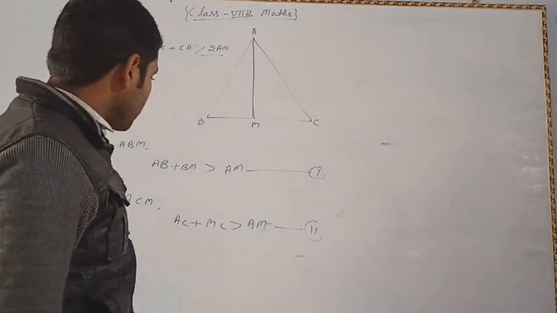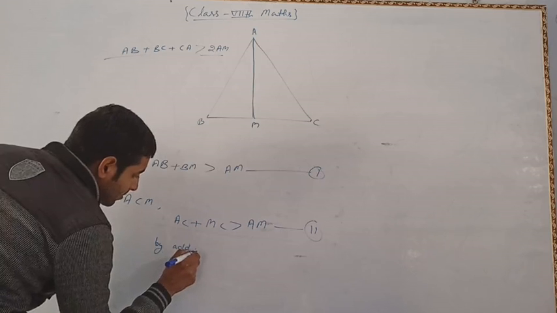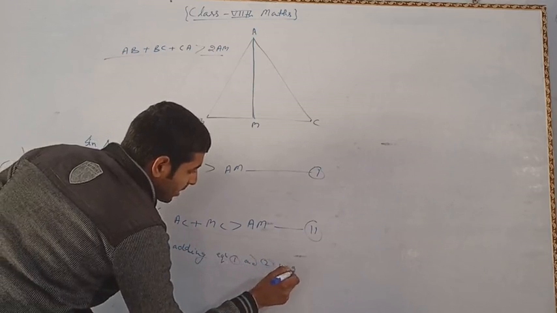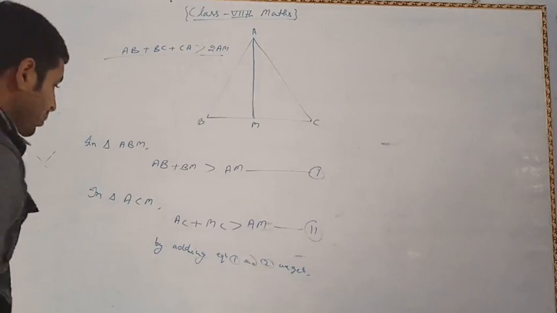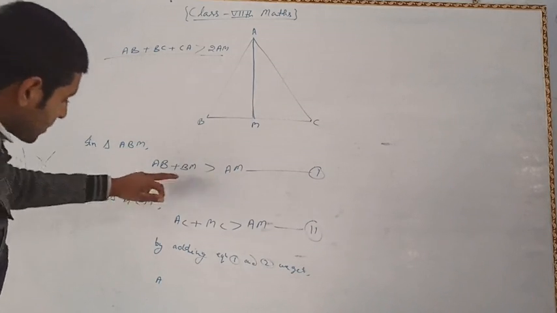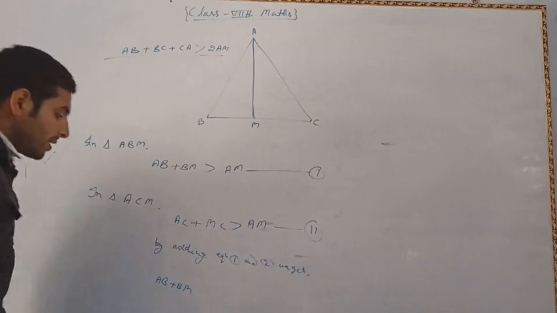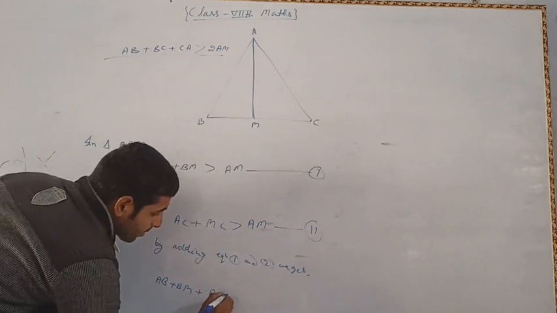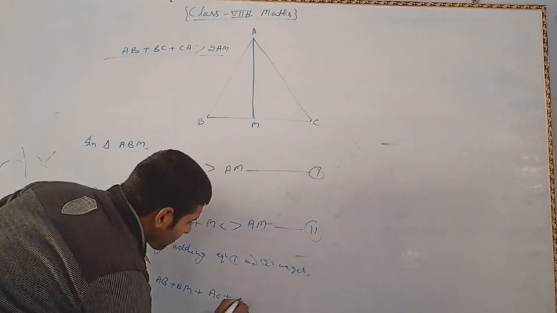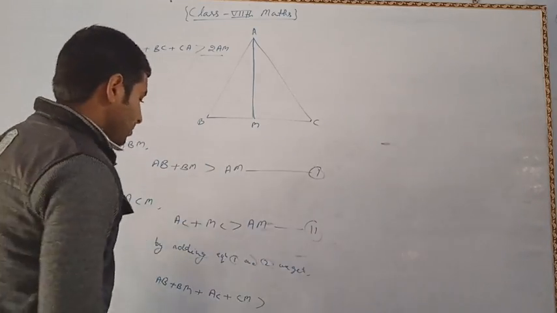From here, by adding equation first and second, we get AB plus BM plus AC plus CM is greater than AM plus AM.